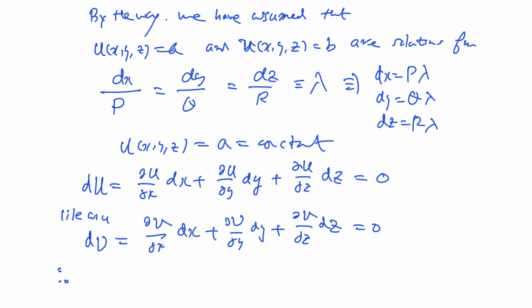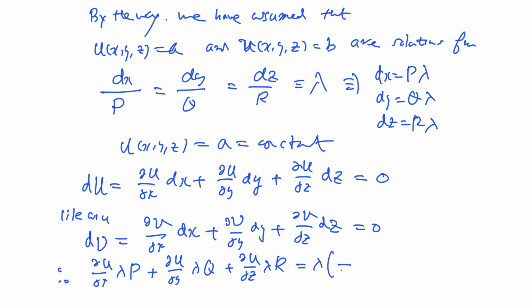Therefore, ∂u/∂x lambda P plus ∂u/∂y lambda Q plus ∂u/∂z lambda R is lambda times (P ∂u/∂x plus Q ∂u/∂y plus R ∂u/∂z), all 0, right?